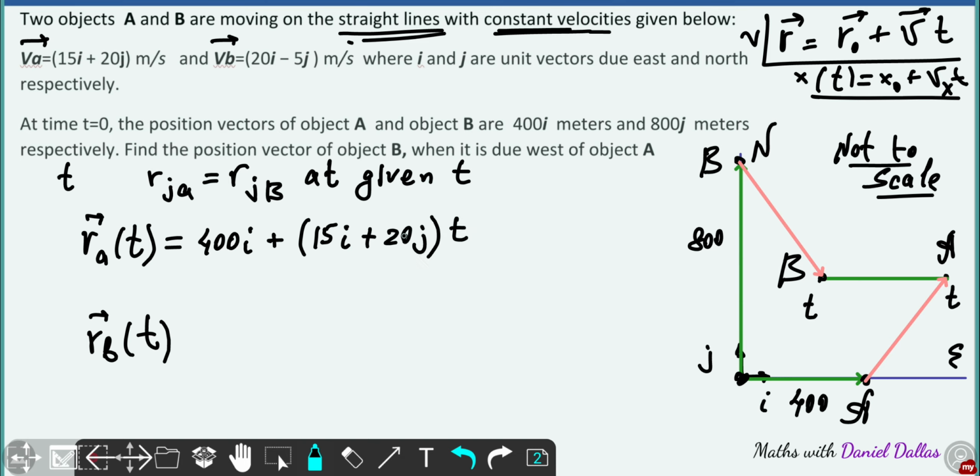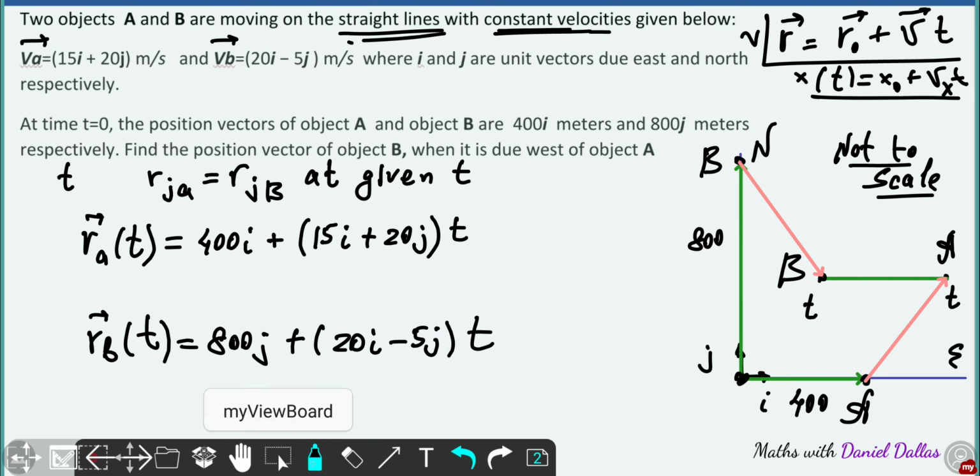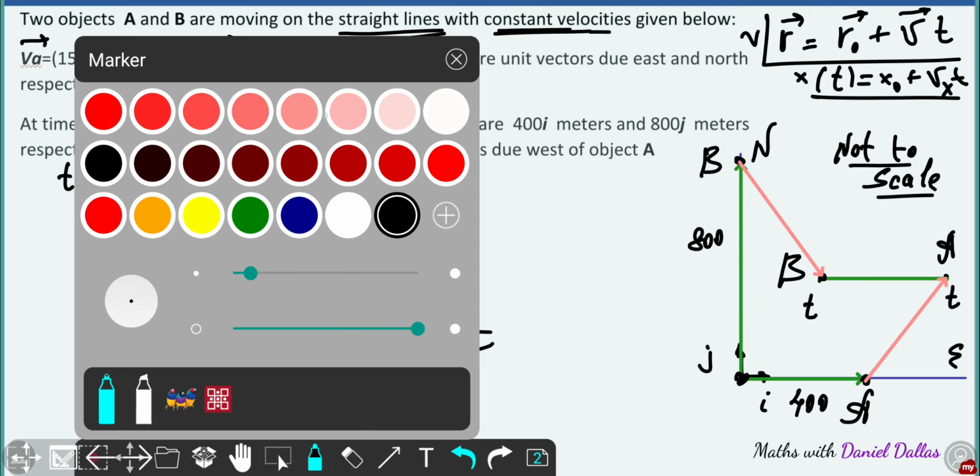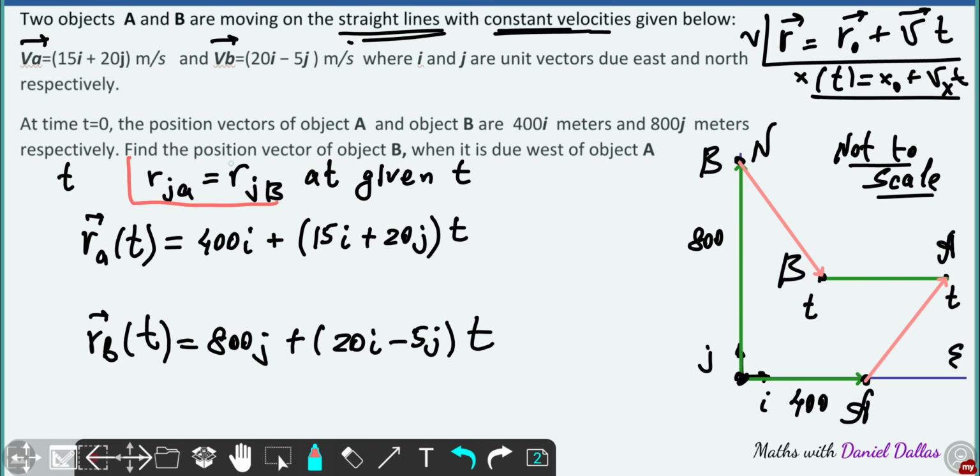Then do the same for the position vector for object B. It's 800j. Be careful with components, they're very significant when you write equations. So here it's 20i minus 5j, and we need to say that this equality holds for the j components.